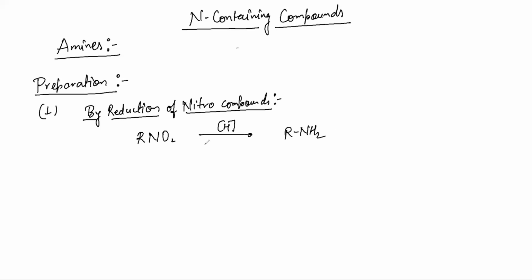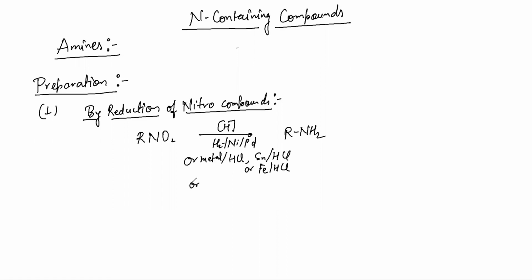Now, how many reagents can you use for this purpose? You can use H2/Ni/Pd, which means hydrogenation, or you can use metal/HCl. In general, we use Sn/HCl or Fe/HCl.